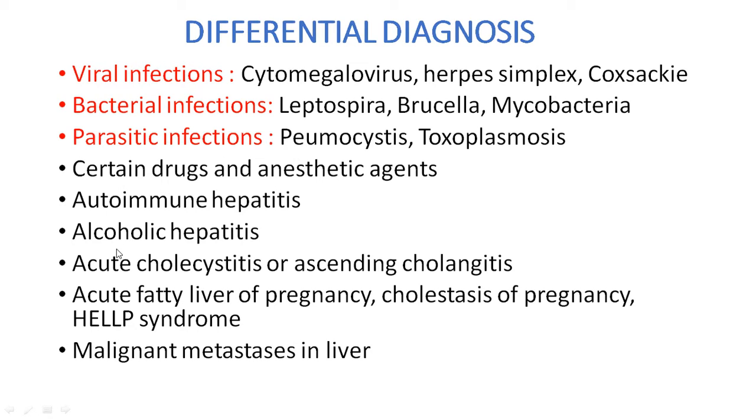Read about it. Also autoimmune hepatitis, alcoholic hepatitis, acute cholecystitis or ascending cholangitis, acute fatty liver of pregnancy, cholestasis of pregnancy and HELLP syndrome, and malignant metastasis in the liver. All these cause jaundice, so they are important differential diagnoses for hepatitis B.